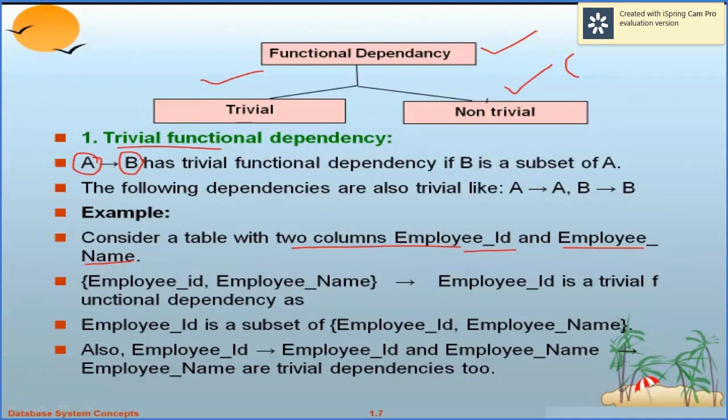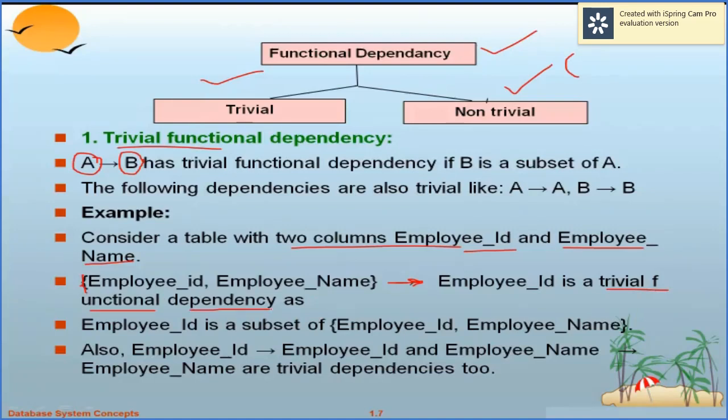Now look here, I'm forming a super key, employee ID with employee name. When this employee ID comma employee name is determining the attribute employee ID, this is said to be a trivial functional dependency.